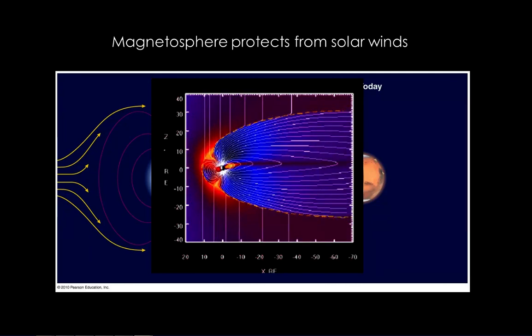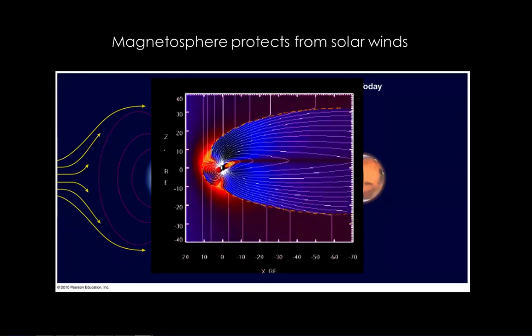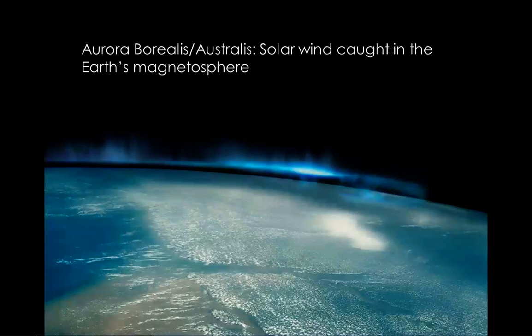If you've seen it in real life, you're very lucky. This is basically the Aurora Borealis and the Aurora Australis. The auroras are actually the solar wind, the energetic material from the sun, being caught up in Earth's magnetosphere, and as they spiral down towards Earth, they emit this eerie blue, green, purple light.